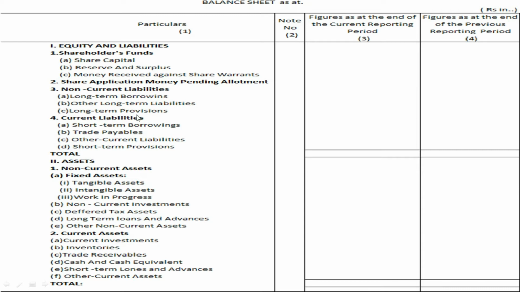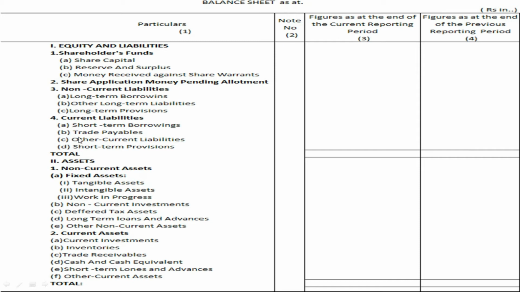Next comes your current liabilities. The fourth one is current liabilities, under which come short-term borrowings, trade payables, other current liabilities and short-term provisions. Now you can remember this as STOS, which means save trees and ourselves.